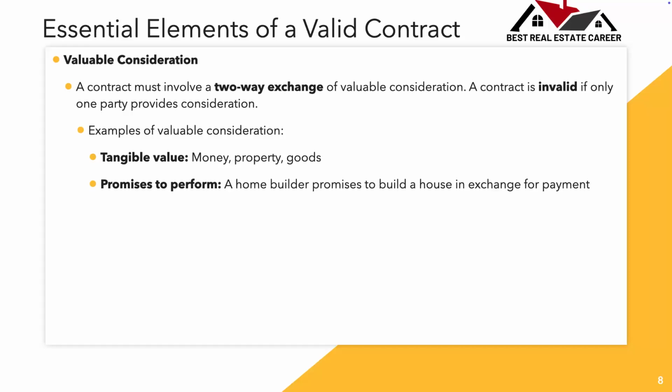Most of the time, we're going to be dealing in money as real estate agents. Also, we have promises to perform. We could also see where someone puts a contract on a new build, and the builder promises to build a house in exchange for payment. That would also be consideration. All right. So we need to have a two-way exchange.